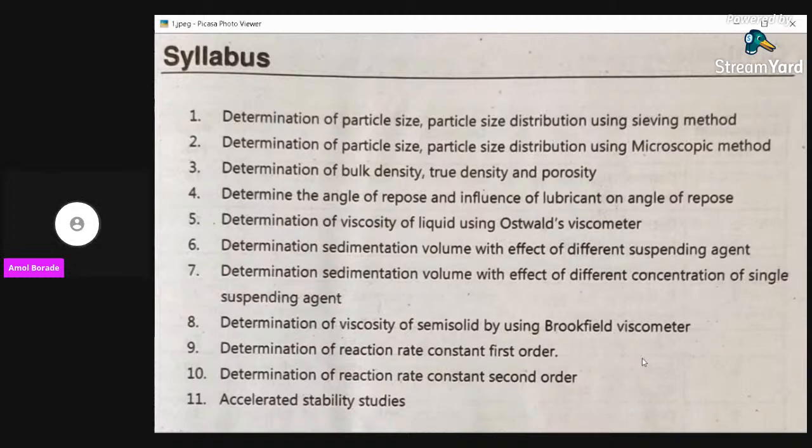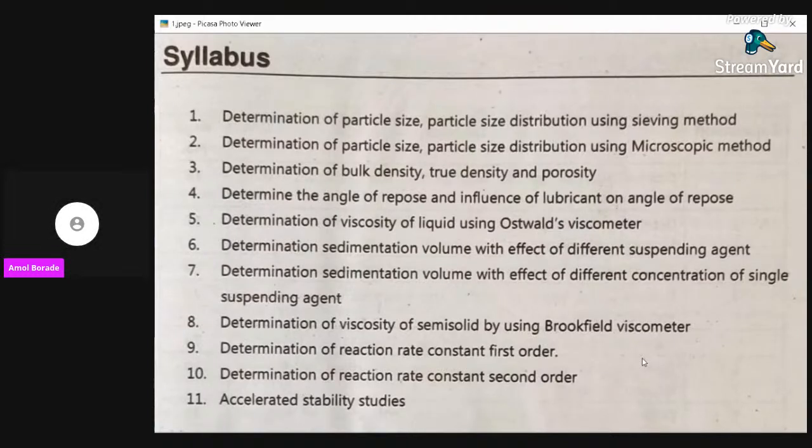We want this flow to be proper so that, with proper flow, we can ensure that the die cavity always receives a specified quantity of powder every time.